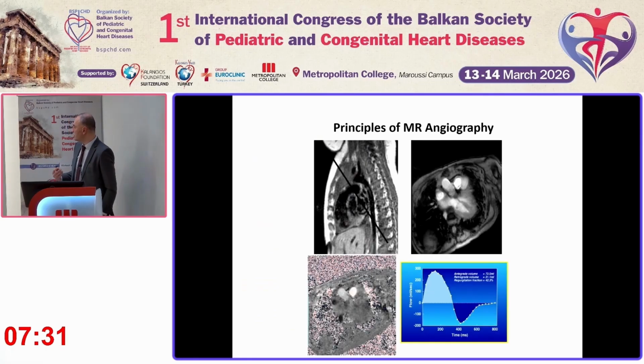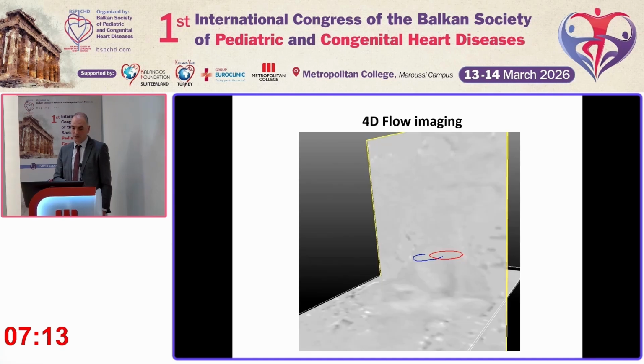But also get accurate two-dimensional and four-dimensional assessment of the flow at different levels. I can choose in a three-dimensional manner any level inside the thorax and assess the flow dynamics at that level, at that point.